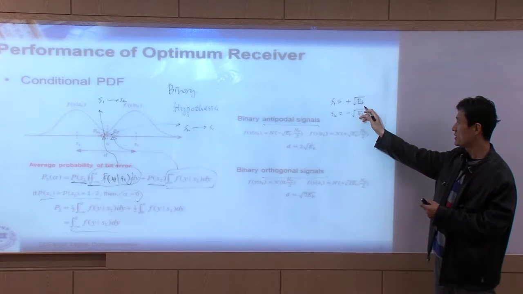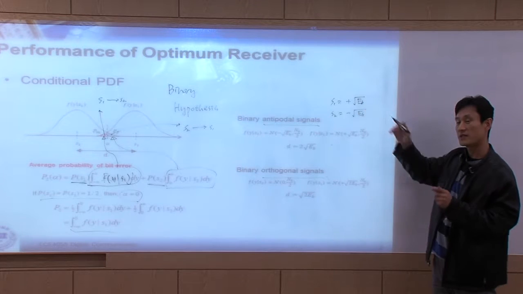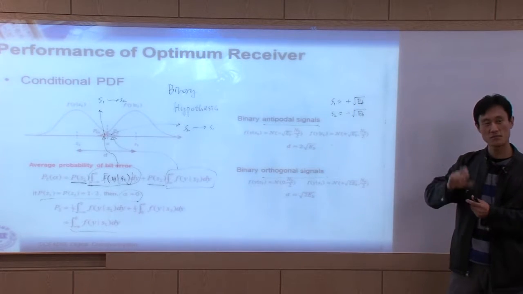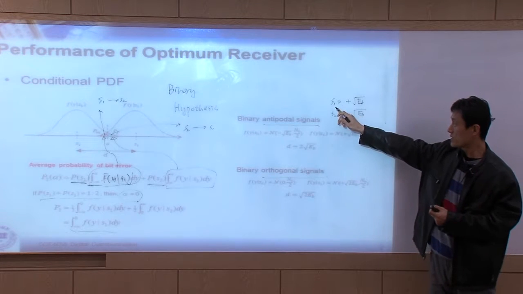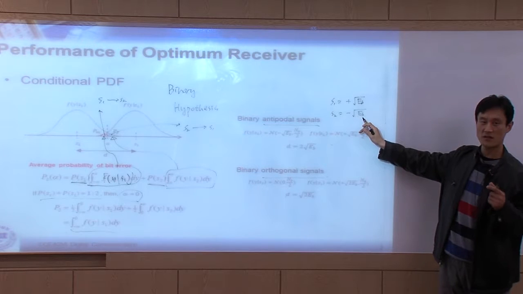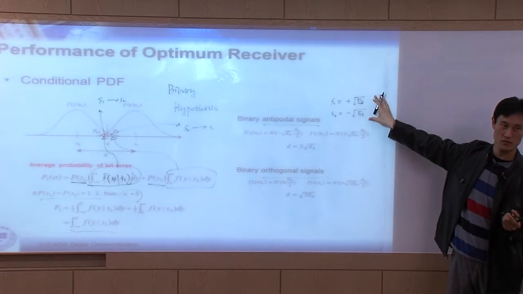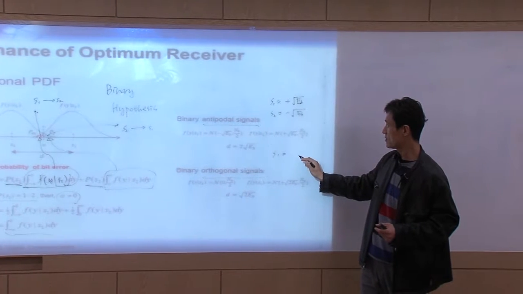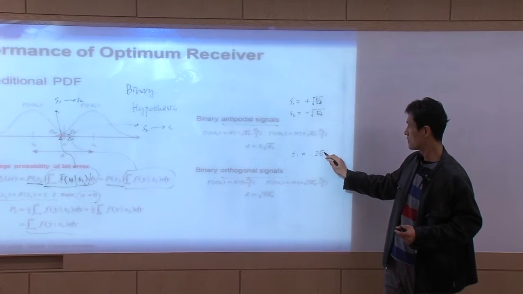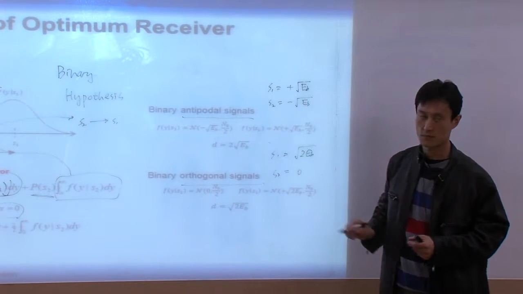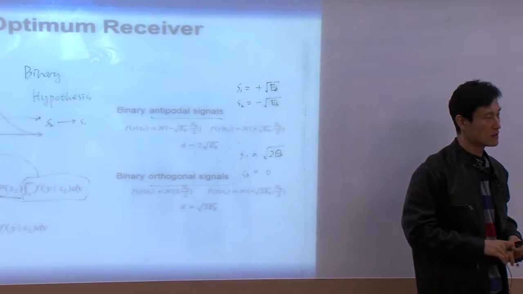Bit energy is EB, so the amplitude is going to be the square root. Just think about it that way. So S1 is going to be a positive signal, S2 is going to be a negative amplitude. That's the antipodal signaling, right? What is orthogonal signaling? This is going to be this, S2, 0. That was our example, right?